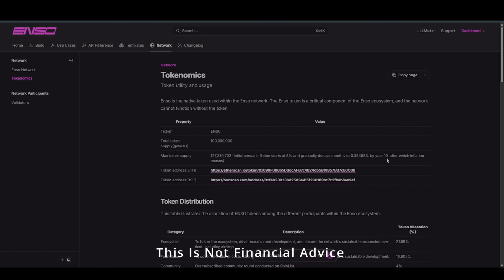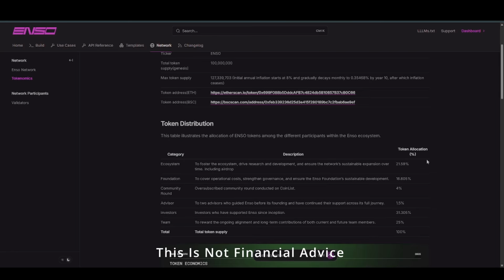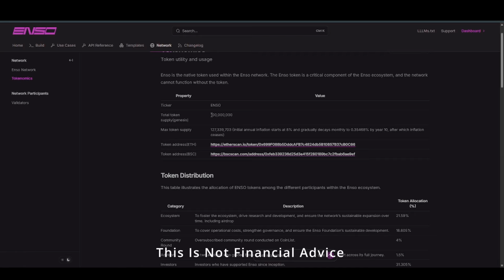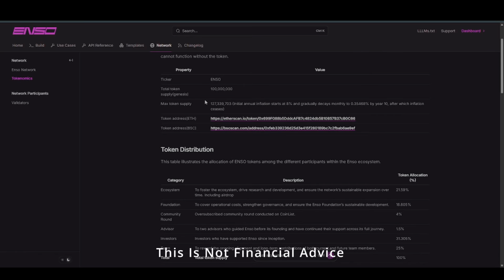From this I can get that it is going to have a max supply of 127 million, so that means after this 100 million allocation, the stakers and the validators will most likely get this 27 million in the future. That is what I'm getting.